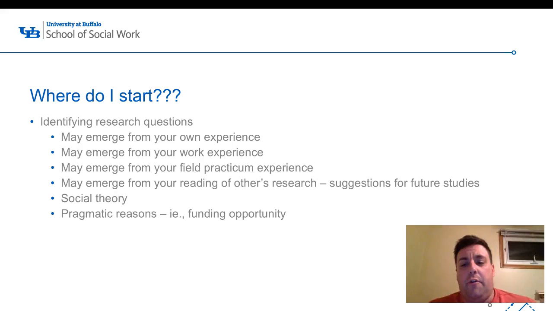So to develop your research area, think about what got you into the program, or what your motivation was to come into the program. Are you interested in working with a particular group of people? Are you interested in working with a particular agency in a particular part of the country, maybe even internationally?